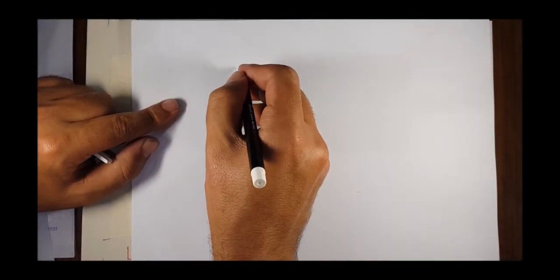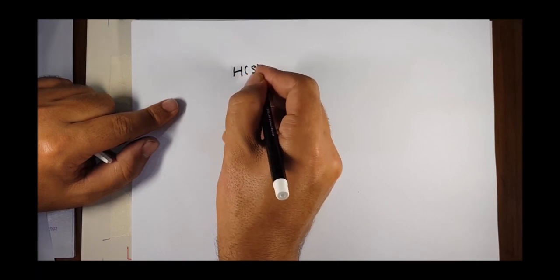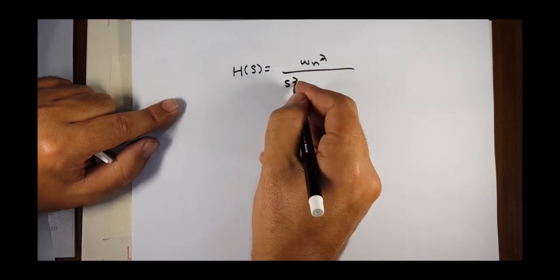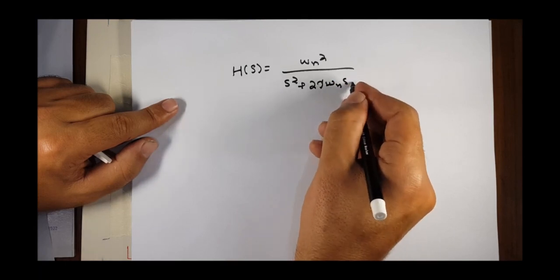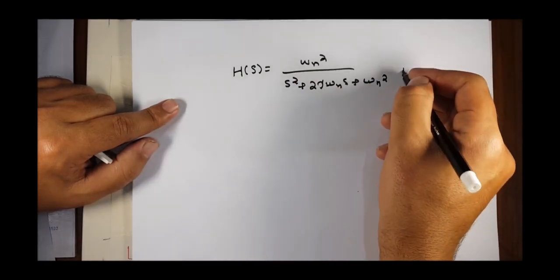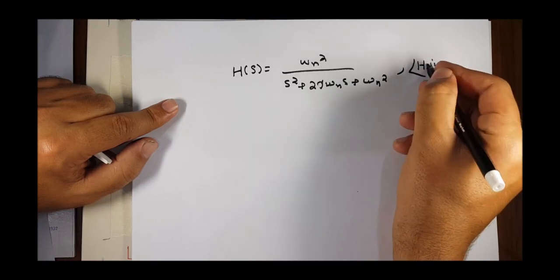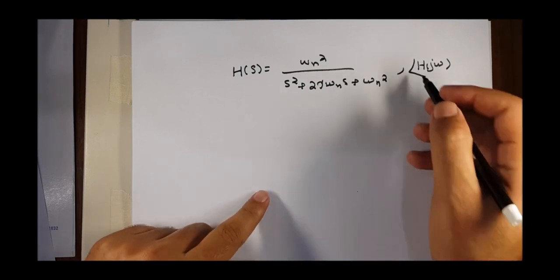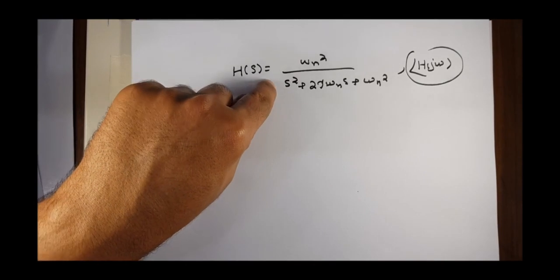We know that if a transfer function is given, say H(s) is equal to omega n square over s square plus 2 zeta omega n s plus omega n square, and we are interested in finding and plotting the angle of H(j omega), how can we plot the angle of this type of transfer function?